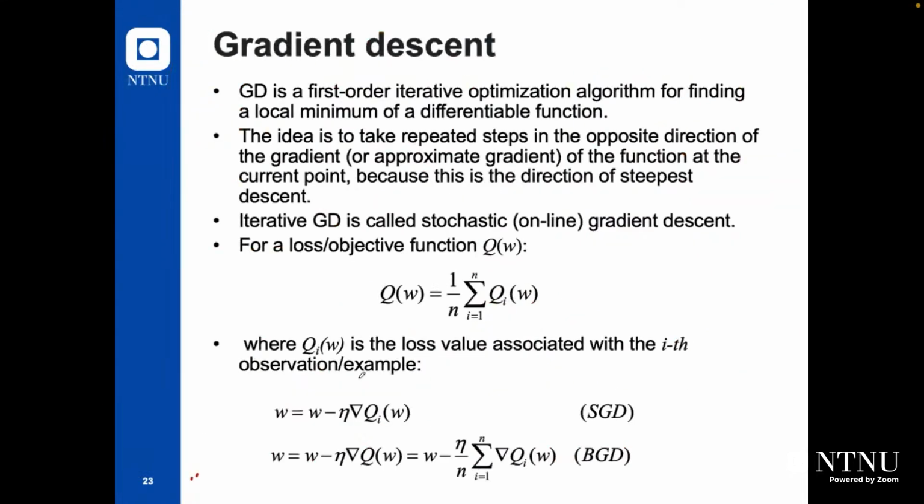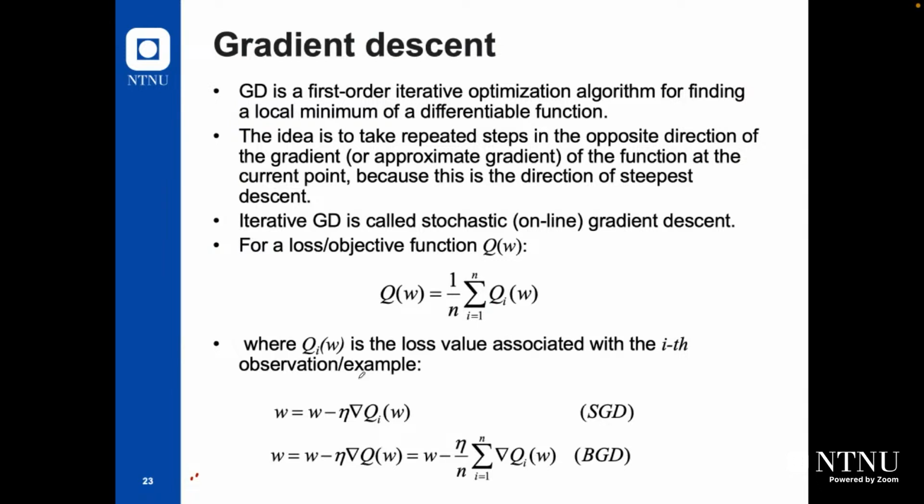Gradient descent is a first-order iterative optimization algorithm for finding a local minimum of a differentiable function. We need first to define a loss function, and this loss function should be differentiable because we will take the first derivative to minimize this function. So it's very important when you are selecting a loss function to select a function which is differentiable.